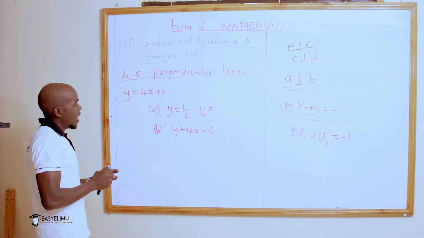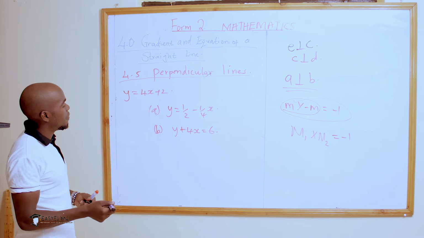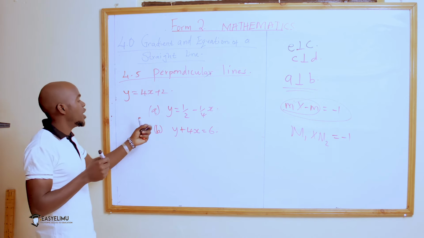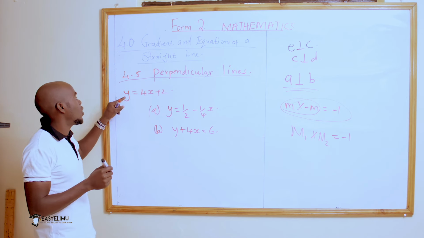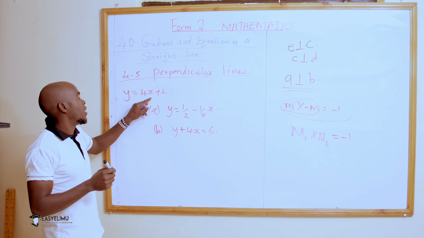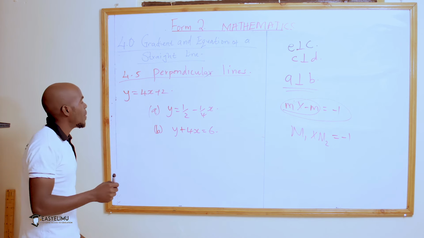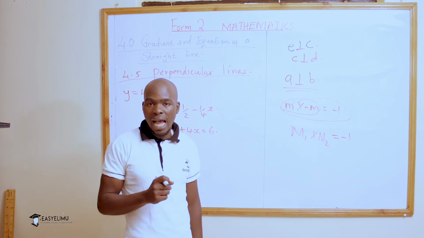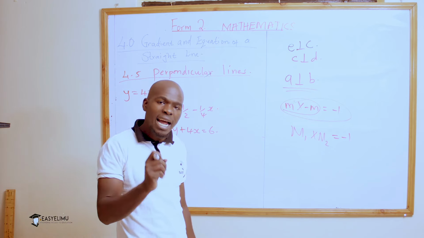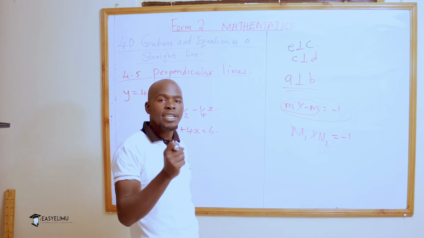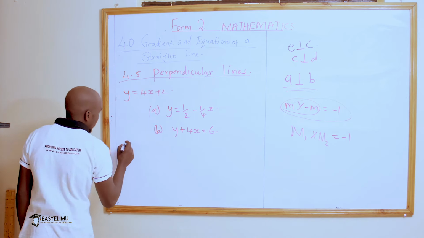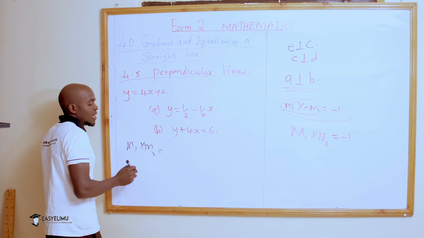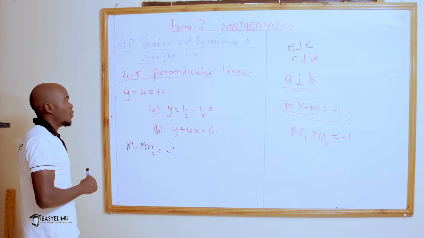What we need to do here is identify which of the two lines is perpendicular to the line y = 4x + 2. But remember, we have said that for two lines to be perpendicular to each other, the product of their gradients must be equal to negative 1. So if we take m1 and multiply by m2, we should get negative 1.